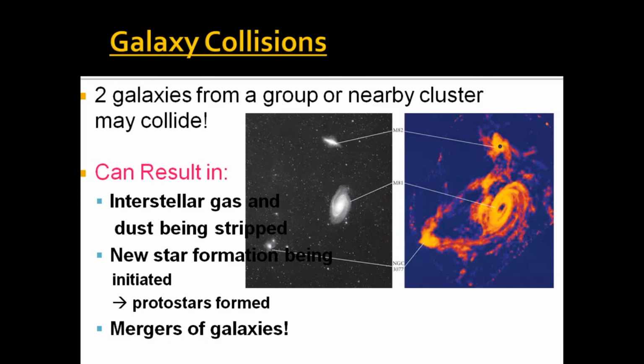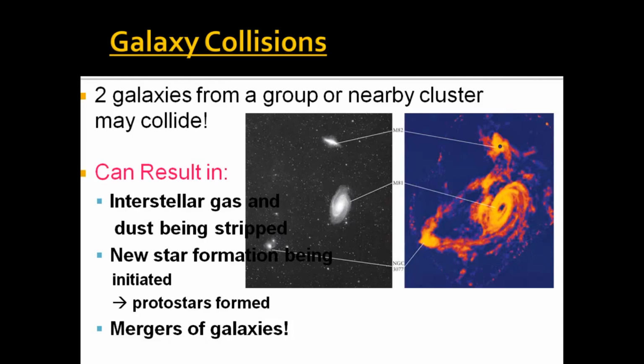Okay, so because galaxies exist in these groups, it's not too uncommon for galaxies to collide. Two galaxies from a group or from a nearby cluster of galaxies absolutely can collide, and we see it happening throughout the universe. Two galaxies that are gravitationally attracted can interact. In fact, the Andromeda Galaxy and our Milky Way galaxy will most likely interact and collide over time.